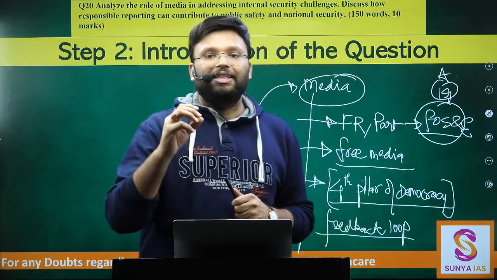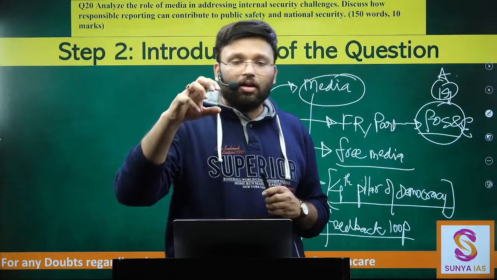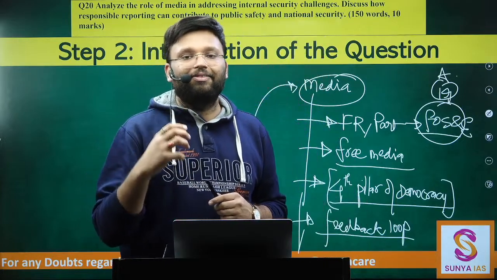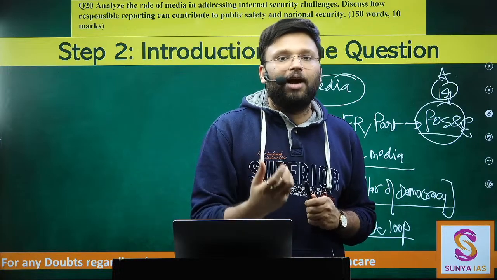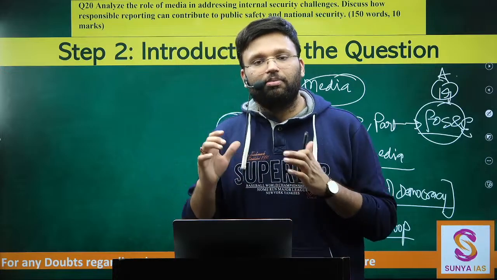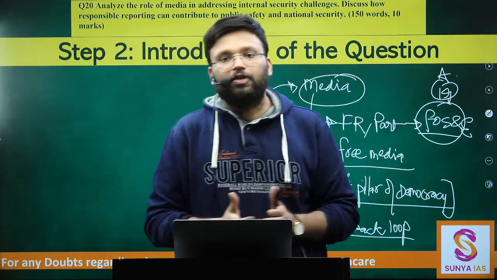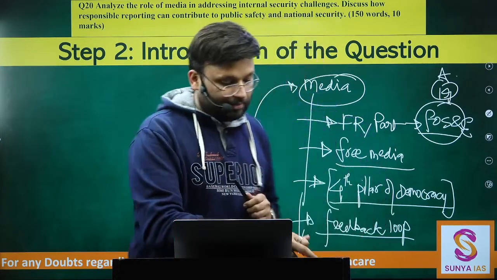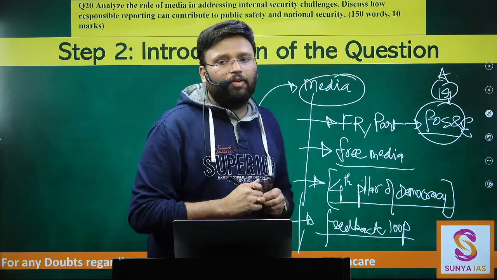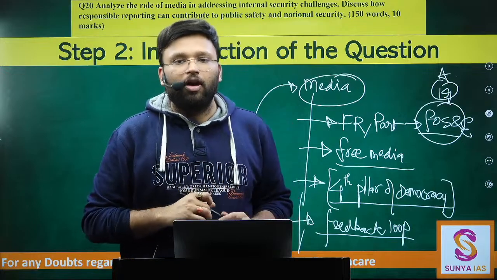Whenever there is some issue in a government policy, it is media that highlights that issue to the people, and it is also the media that takes the review of the people back to the government. This is the context if you want to start with the line of media.